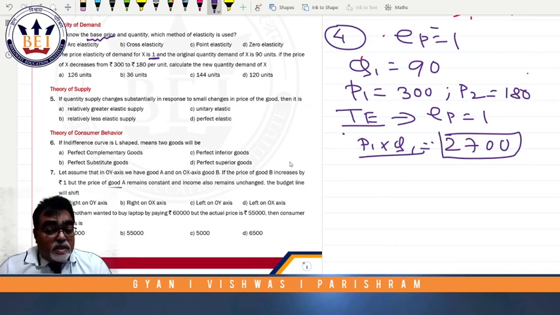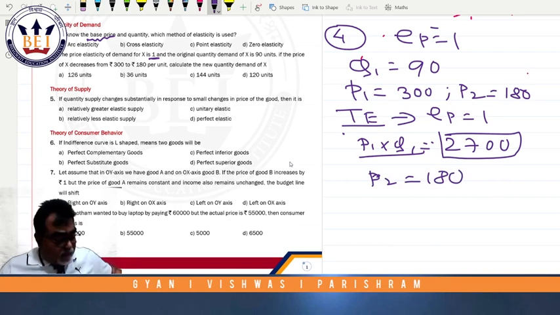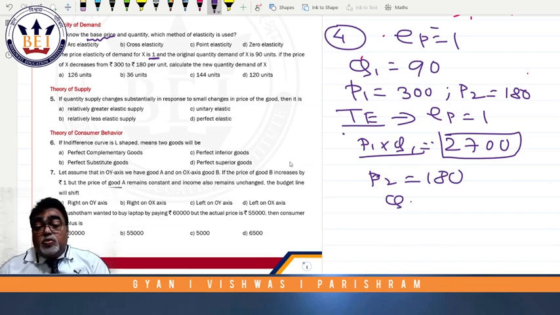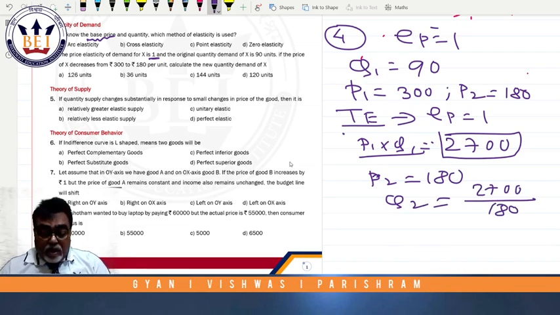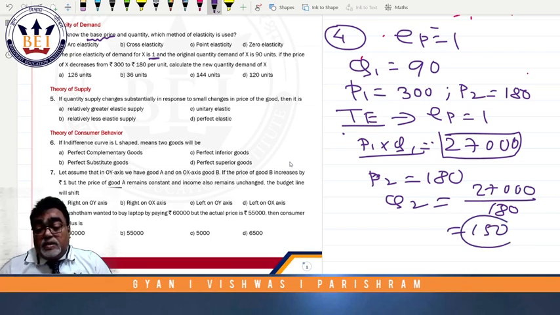When price decreases to 180, P2 is equal to 180, so Q2 should be 2700 divided by 180, which comes to 150.